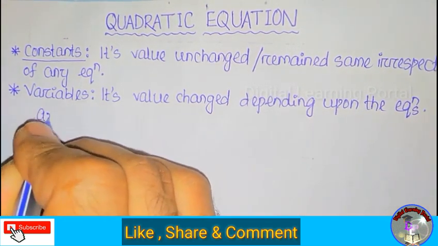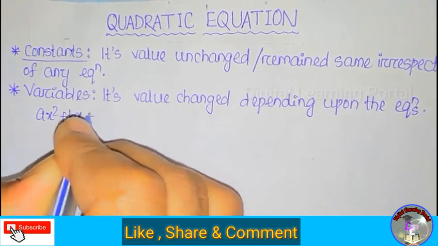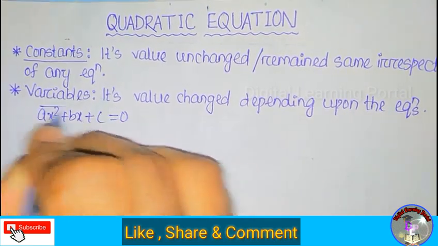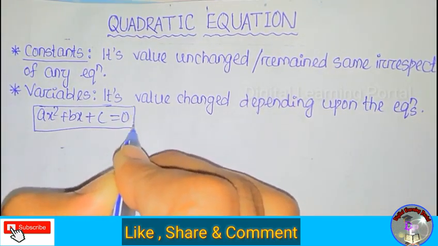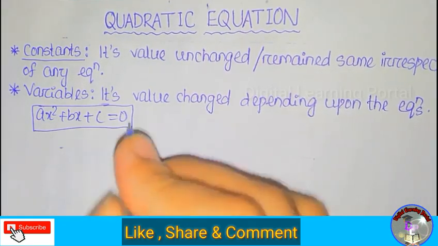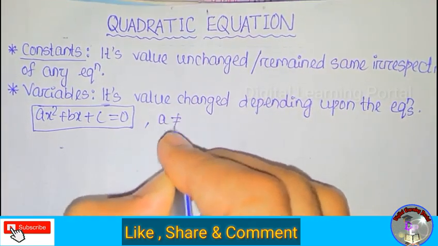ax square plus bx plus c is equal to 0, where a is not equal to 0.